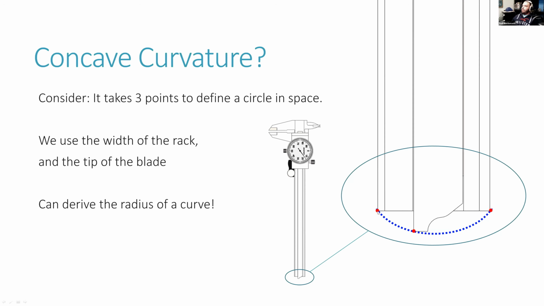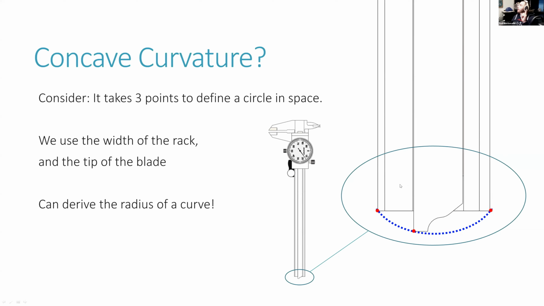It'll eventually get to the point where the two ends will rest against the surface, and then all you have to do is extend this blade here until it touches, and then it will give you a reading. It will give you this length. And that's actually pretty much all we need to define what the curvature is.